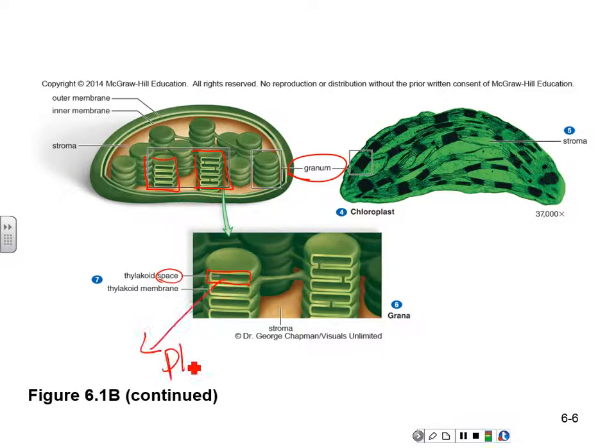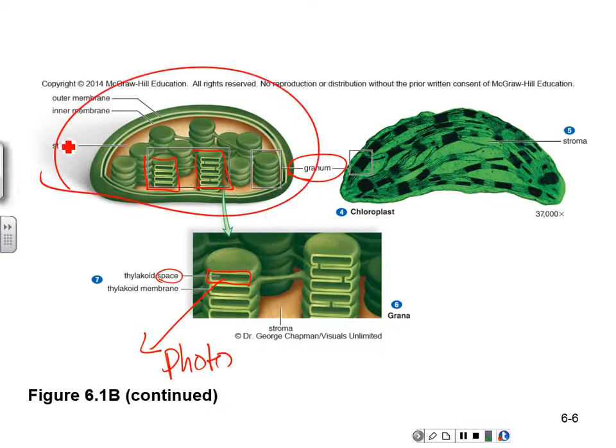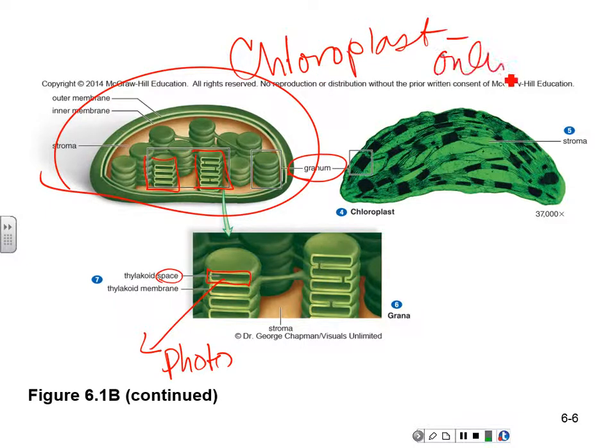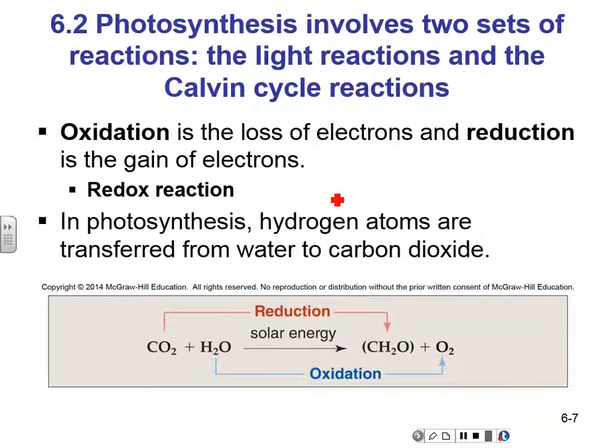This is the site of photosynthesis. And all of this occurs within that structure, the chloroplast, that we find only in plants, right? Chloroplast only in plants.